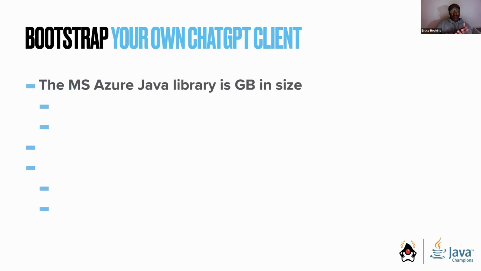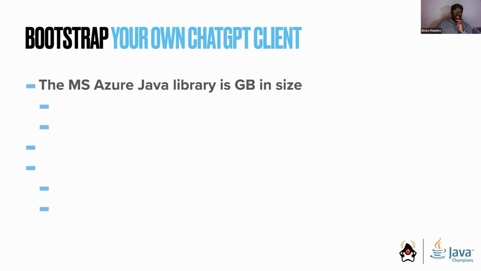There are a few companies, there are a few development teams that are creating unofficial Java libraries. And there's one company, which is Microsoft. They decided to bundle the OpenAI client inside the Microsoft Azure Java library.